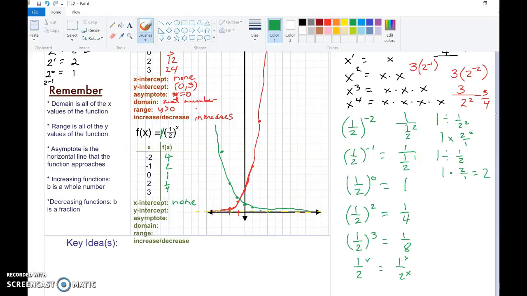All right? The y-intercept, where it crosses the y-axis, is 0, 1. Okay? And that will always be because my a value, in this case, was 1. So whatever my a is, that's my y-intercept.